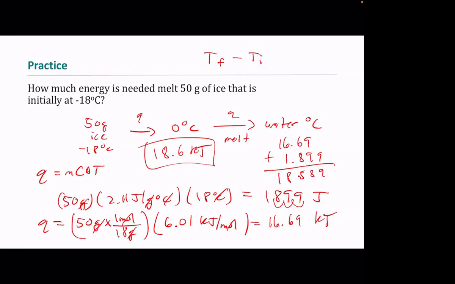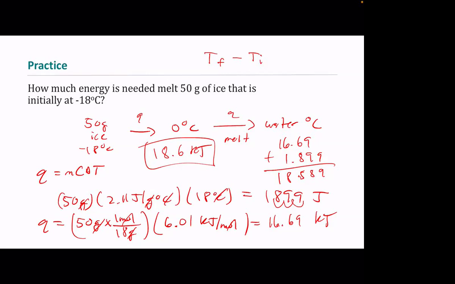So in this example, going from the solid to the liquid, you use the 6.01. This is the same regardless. That's the heat of fusion, and you would use it whether you're melting something or freezing something.